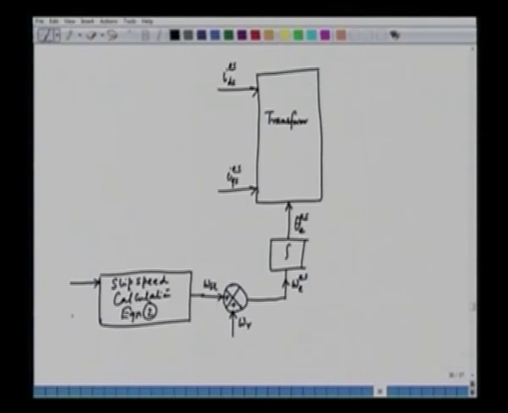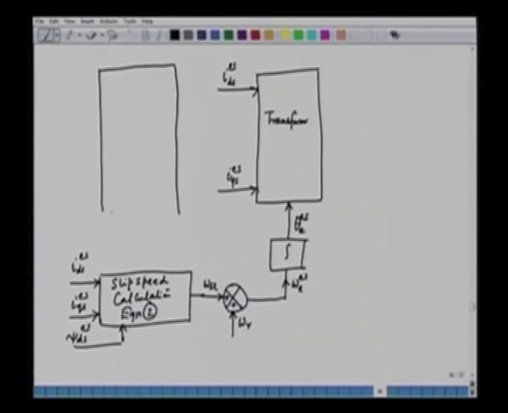The inputs to the slip calculation block are IDS, IQS, and of course psi ds. And then we have here a decoupling network as we did in case of air gap flux oriented vector control. So, this is the decoupling network.